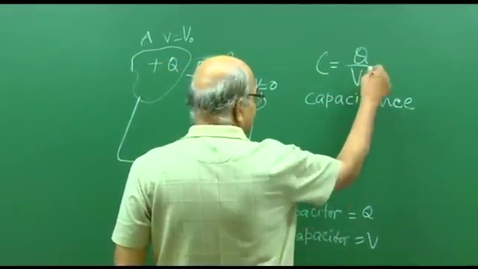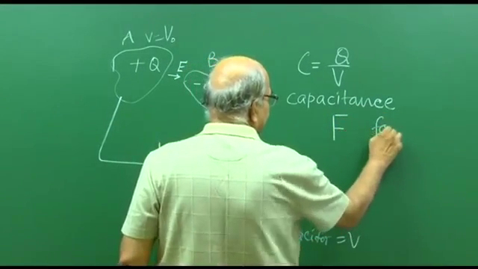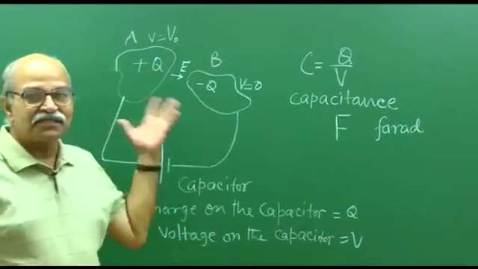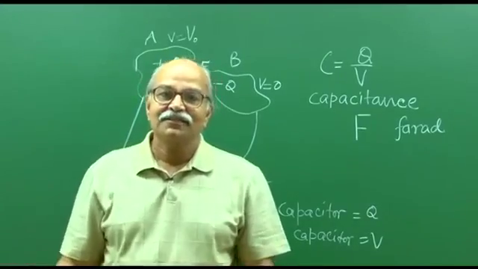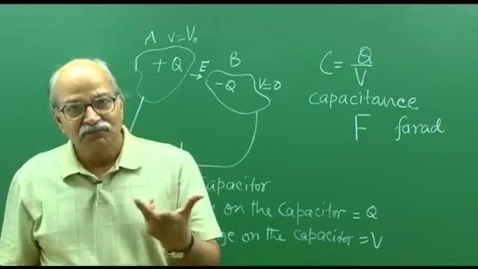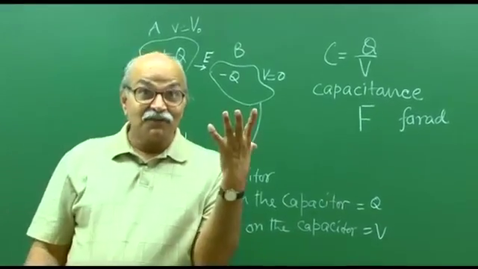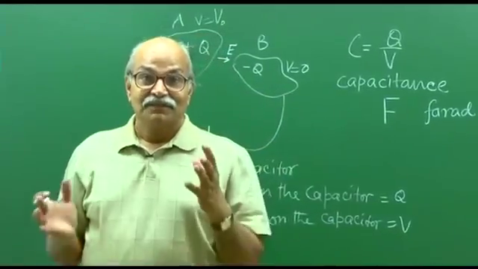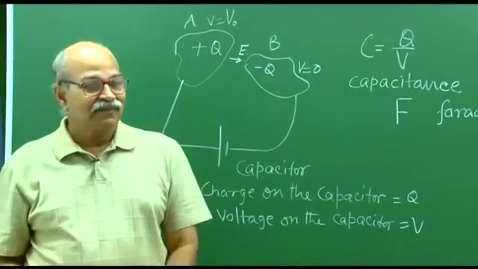So, this is measured in farad, written as capital F. Normally, the capacitors which are used in various circuits, the capacitance will be in microfarads, few tens of microfarads or 100 microfarad. 1000 microfarad will be called a very big capacitor or large value capacitor, and so on.